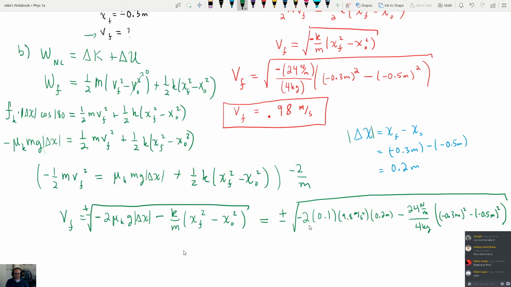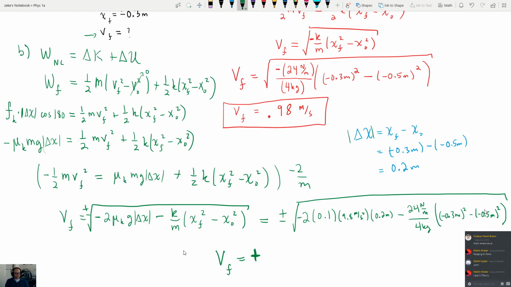So there's the 2, 0.1, 9.8, 0.2. And then negative 2 over m times this, the 2's cancel, so you get a negative sign and you divide by m. So you have k over m and then this stuff here. Okay, there we go. So our final velocity ends up being equal to plus whatever you get out of that.